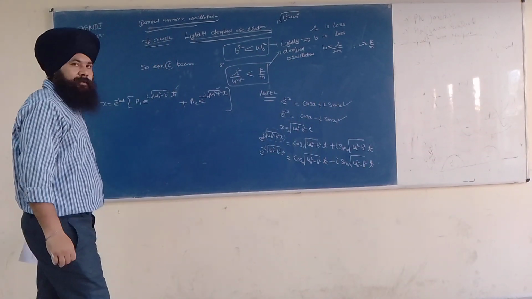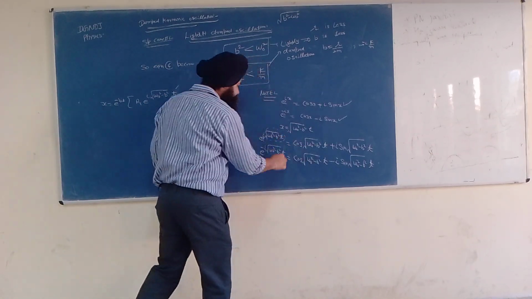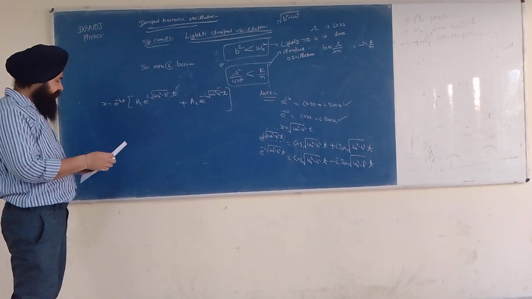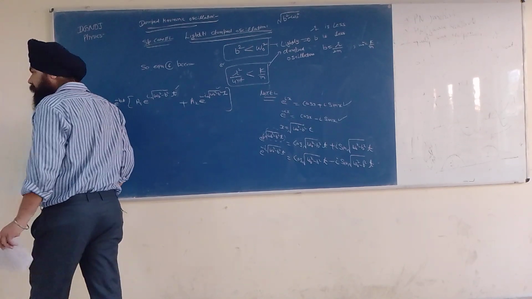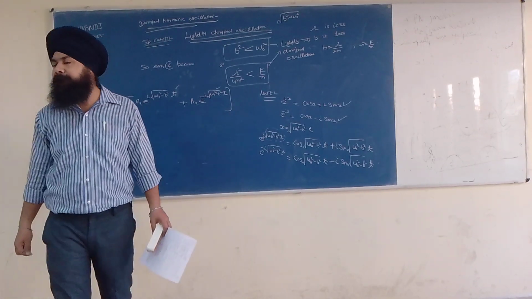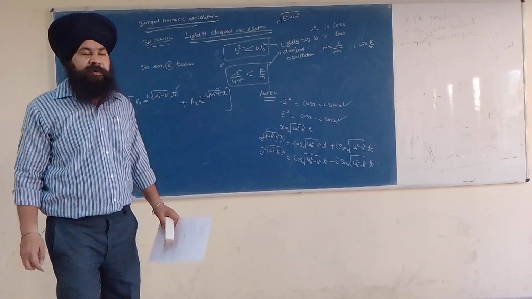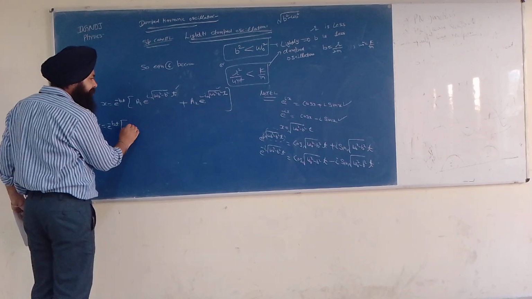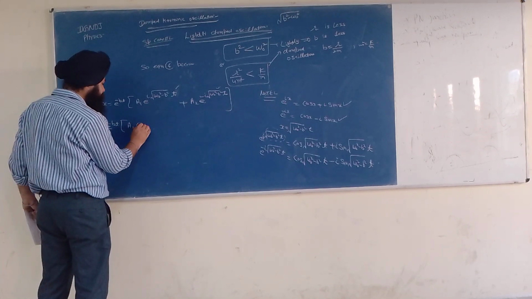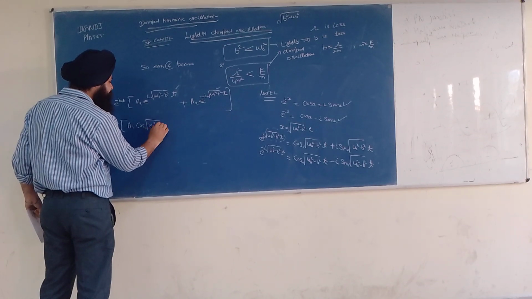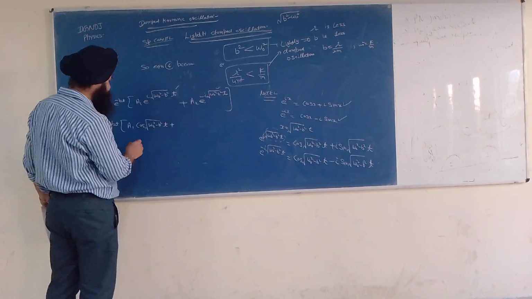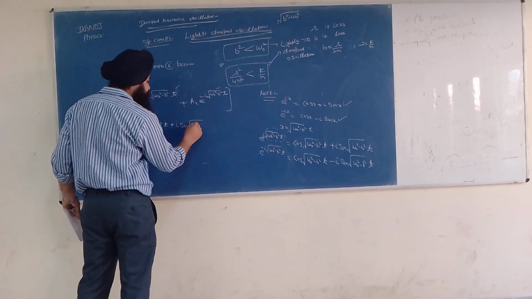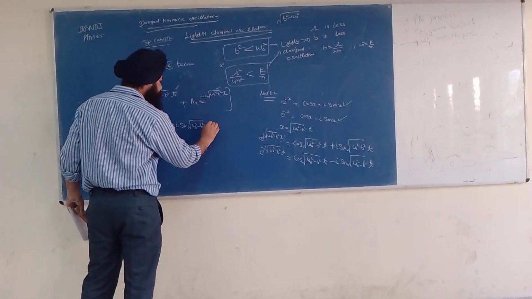Now you use these two formulas in this equation. Let us see what the answer is. So this will become e to the power minus bt, a1 into cos of square root of omega naught square minus b square into t plus iota sin of square root of omega naught square minus b square into t.